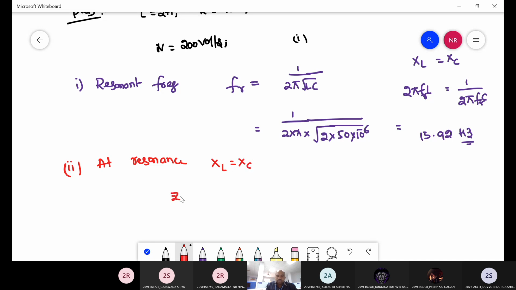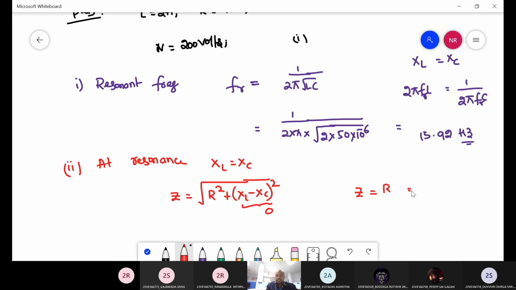Then Z is equal to, the standard formula, under root of R square plus XL minus XC whole square. Then this term will be 0 at resonance. Then Z is equal to R.